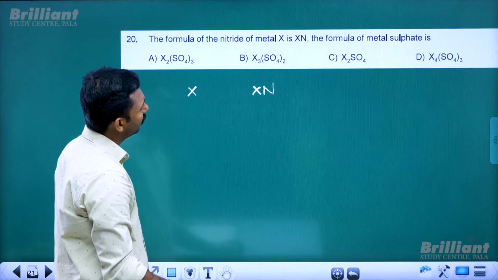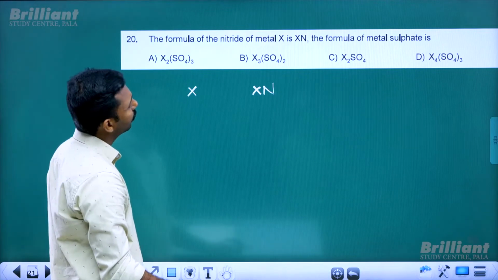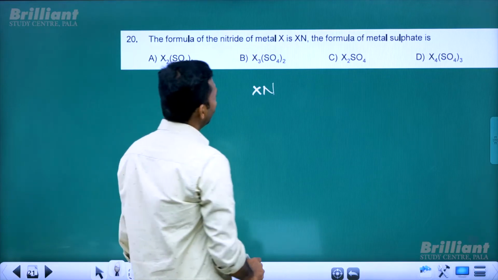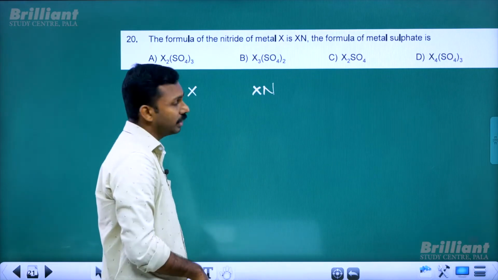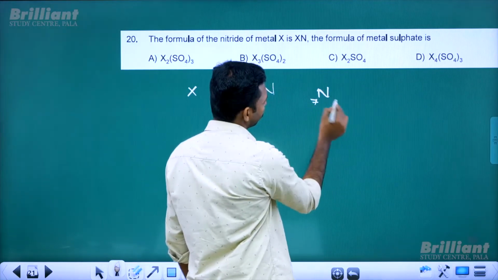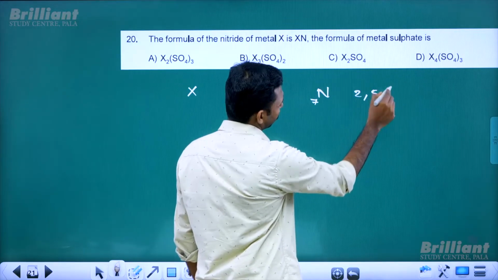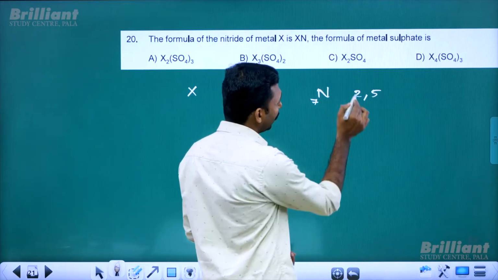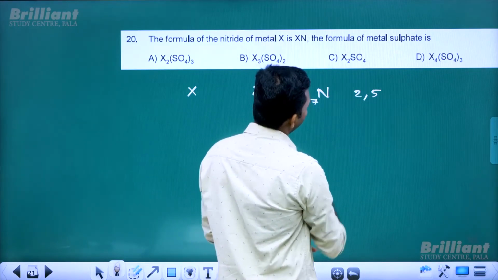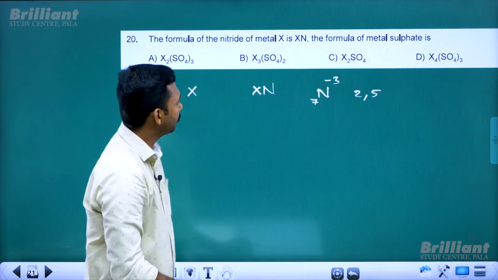We know that XN stands for the metal nitride. Nitrogen has valency -3, because the atomic number of nitrogen is 7. Its electronic configuration is 2, 5, so nitrogen needs 3 more electrons, and so it may have -3 as the oxidation state or valency.